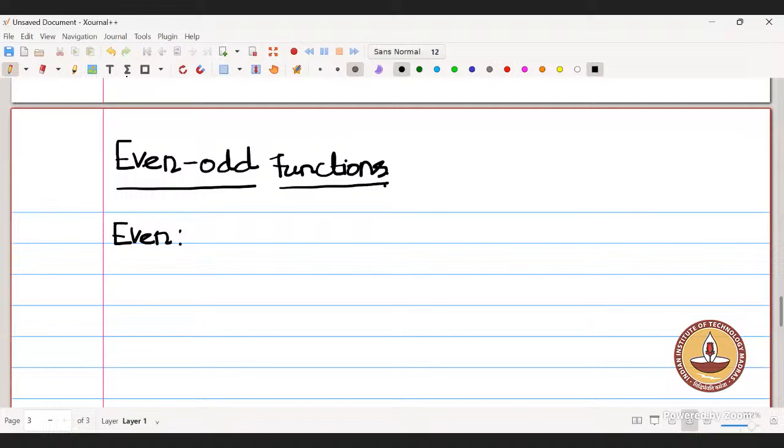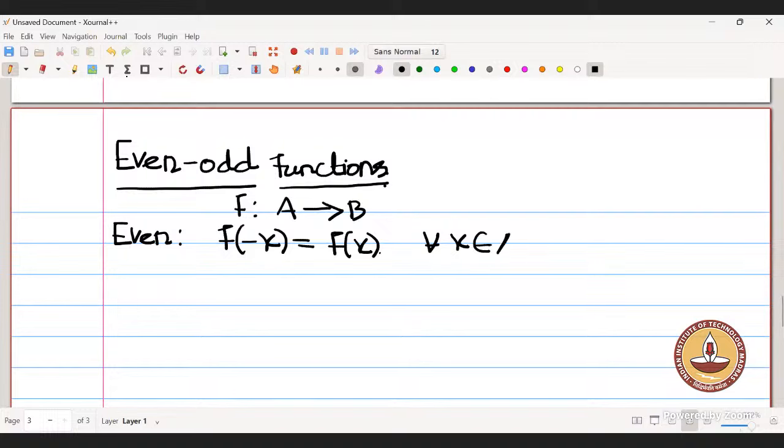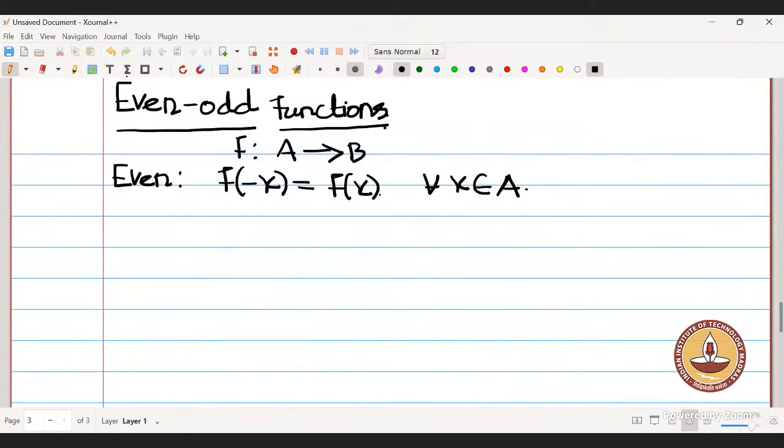Correct. If I have a map from A to B, and my map satisfies this condition for all x, then you say that my function is an even function.